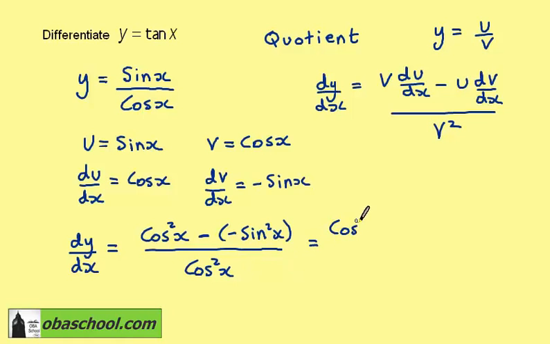This gives us cos squared x plus sin squared x over cos squared x.